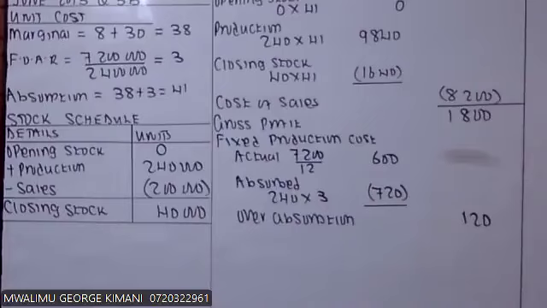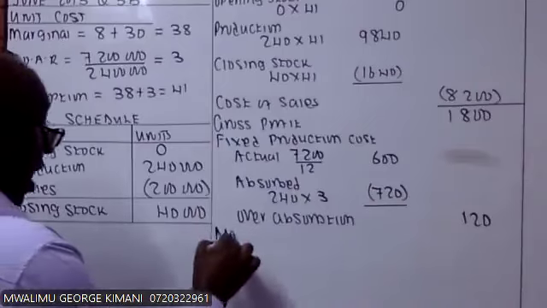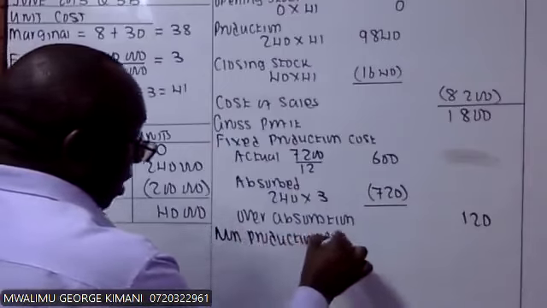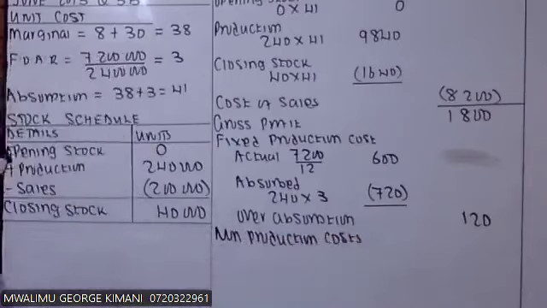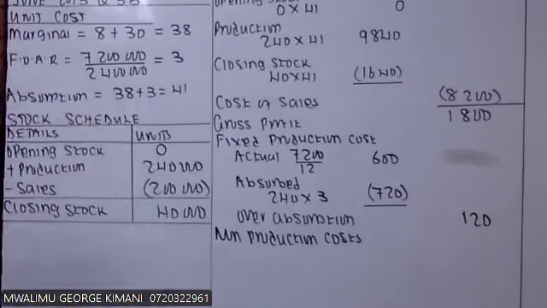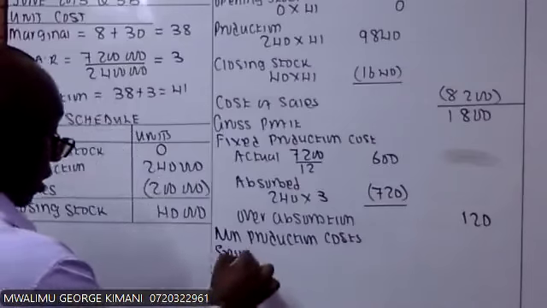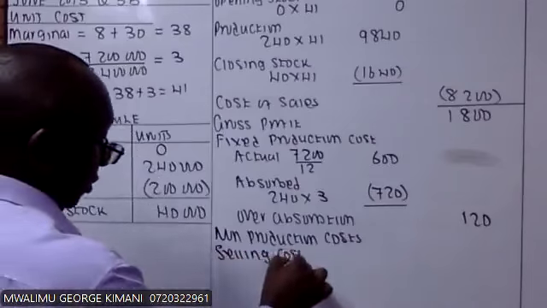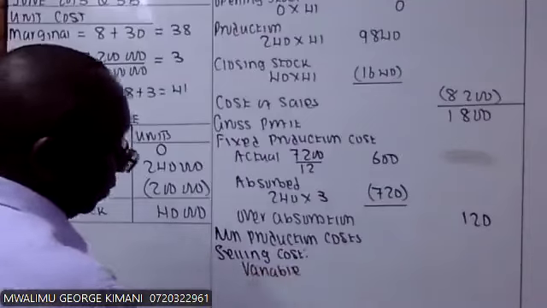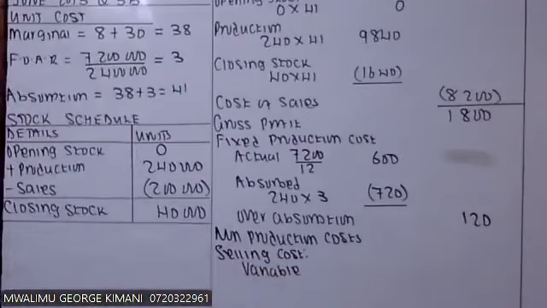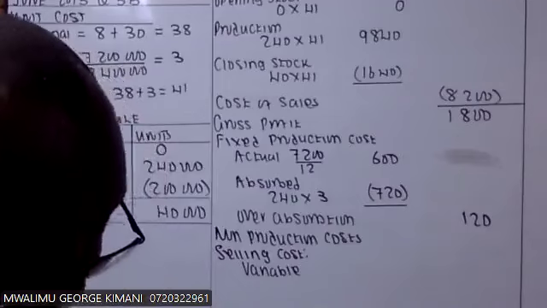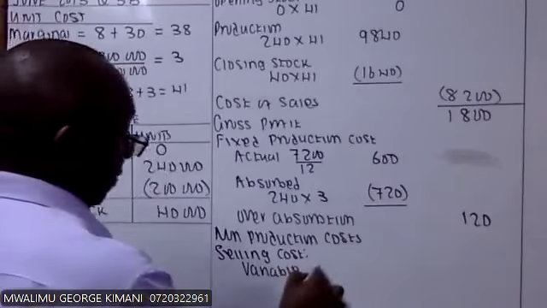Then from there, we bring non-production costs. These non-production costs, we have the selling costs. The first one is variable. Now this variable, according to the standard card above, is 2 shillings.